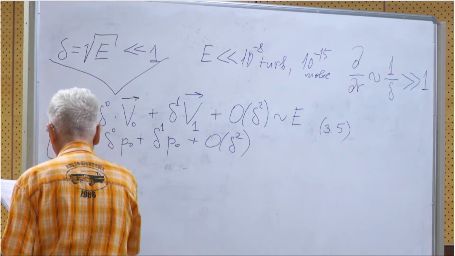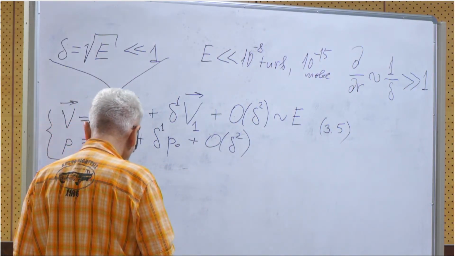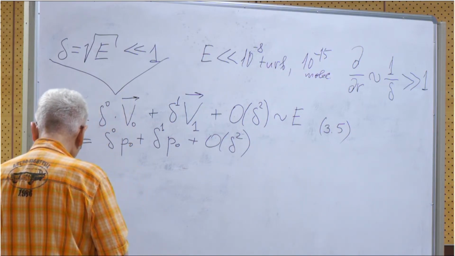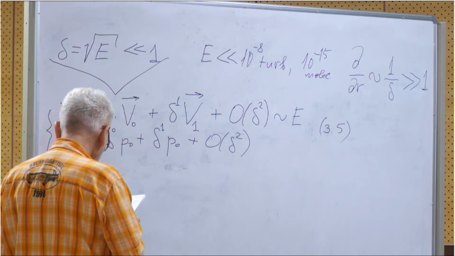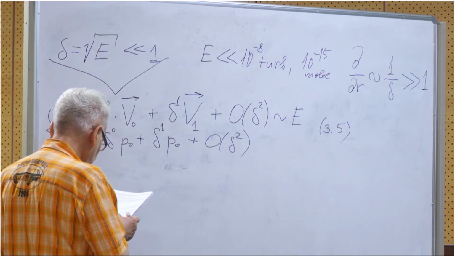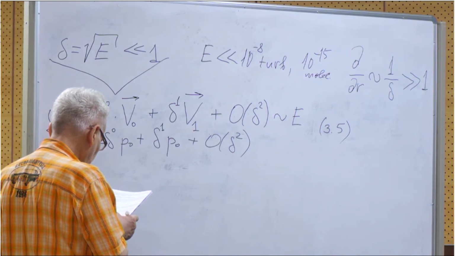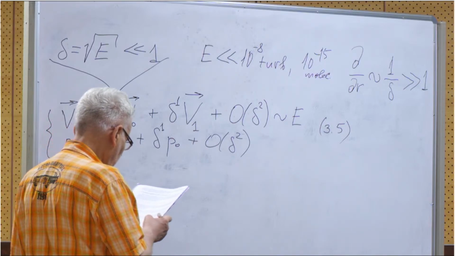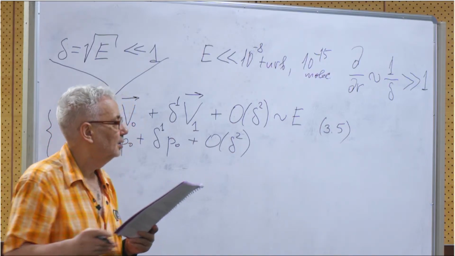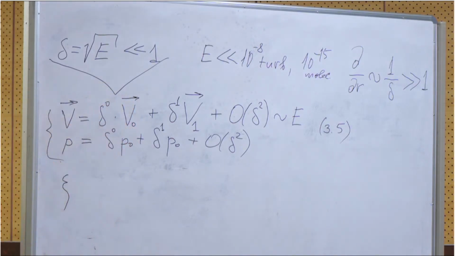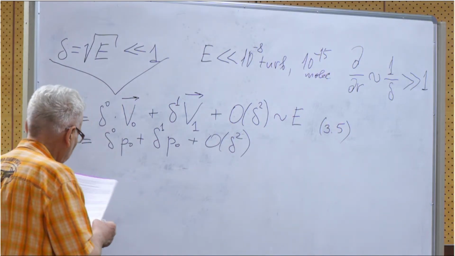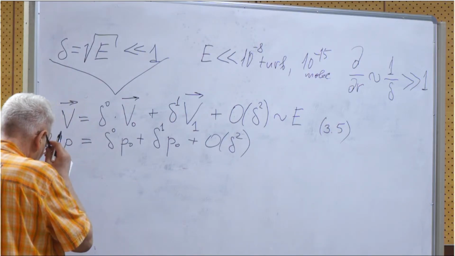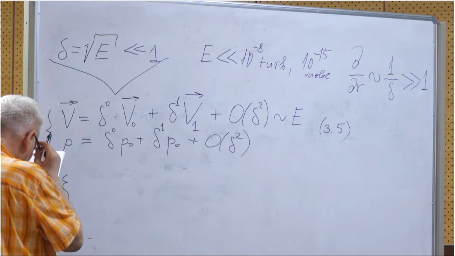We introduce the stretched variable sigma, a radial stretched variable in the outer and inner boundary layers, which in accordance with equation 4 can be identified as follows.